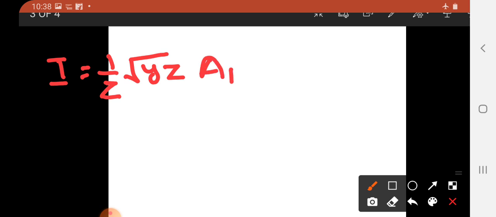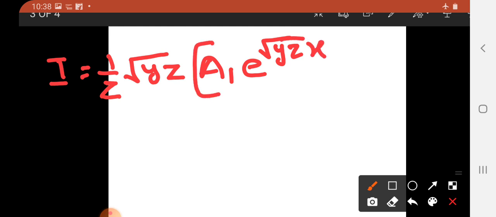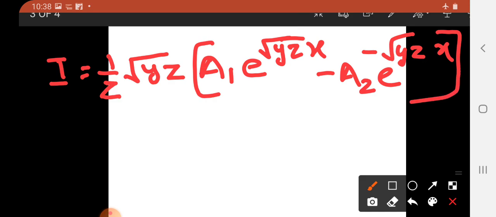A1 e power root YZ into x minus A2 e power minus root YZ into x.